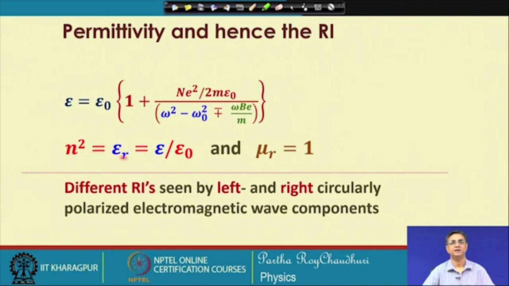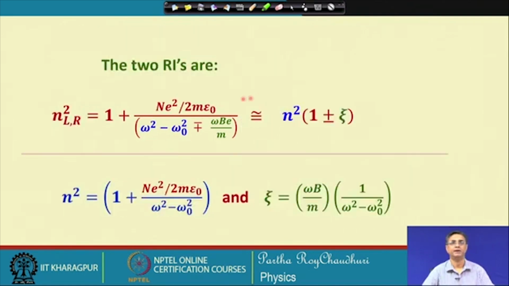As a result, we can calculate the refractive indices of the medium seen by the left circularly polarized light and right circularly polarized light. So, finally, we see that different refractive indices are seen by the left and right circularly polarized electromagnetic waves while passing through the medium in presence of the magnetic field.